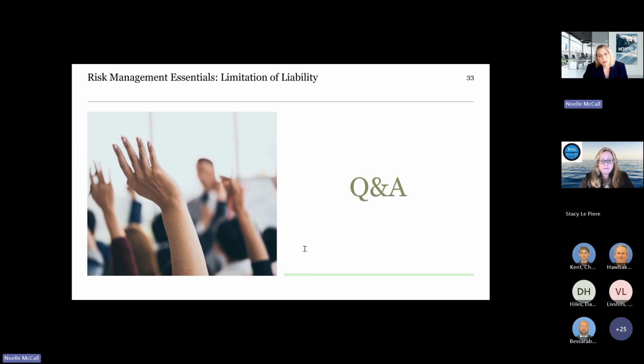Absolutely. Great question. And the short answer is yes, but I'll expand on that. So it is a best practice to have legal and risk management jointly review some of the sections in the contract, such as the indemnity, the limitation of liability, and the insurance sections of the contract. Why?